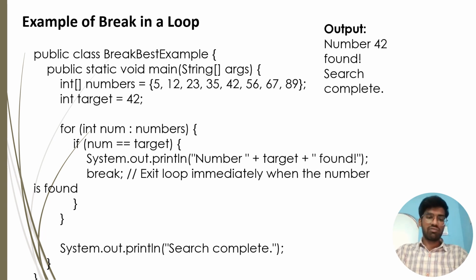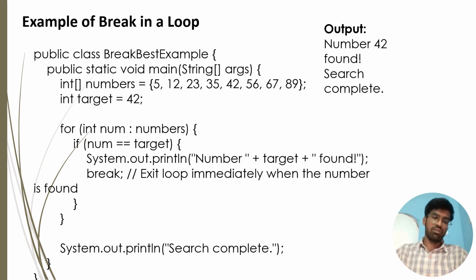Our target is 42. Using an enhanced for loop, int num in numbers, if num equals target, the break statement executes and we come out of the loop.